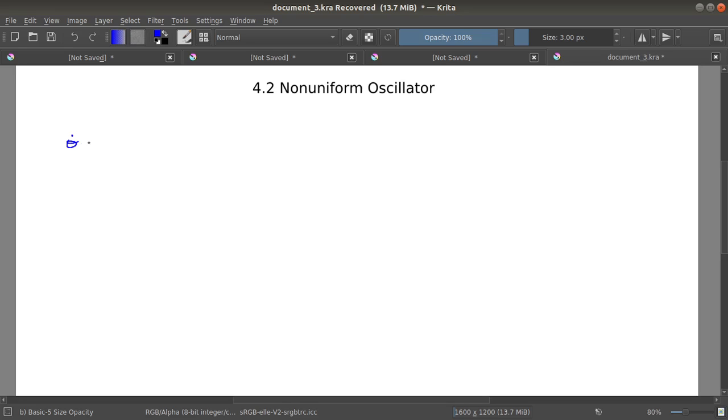Theta dot is equal to omega minus a sine theta. Okay, so this is what we are going to discuss.